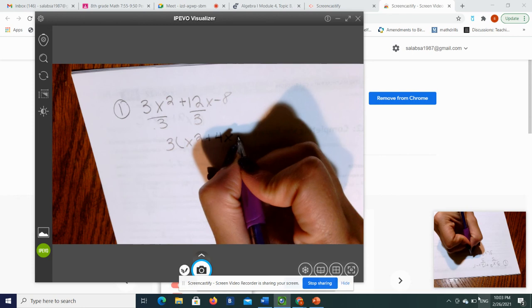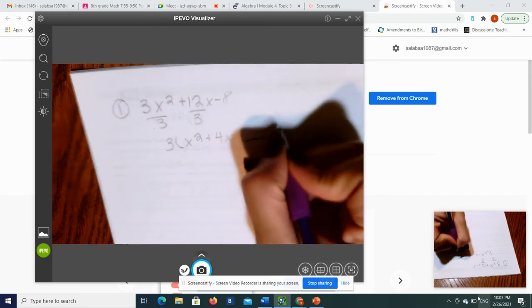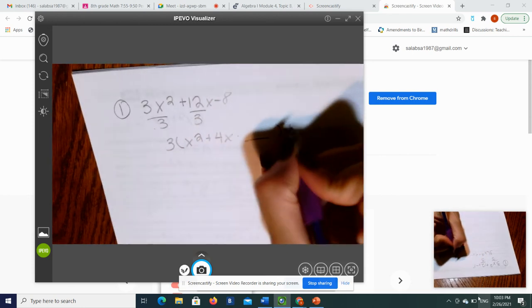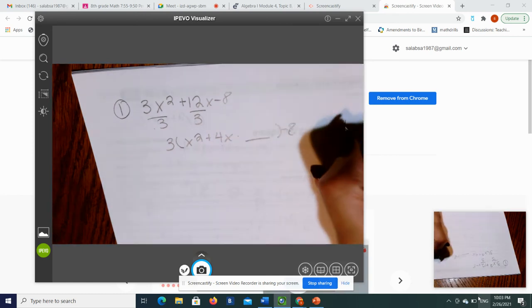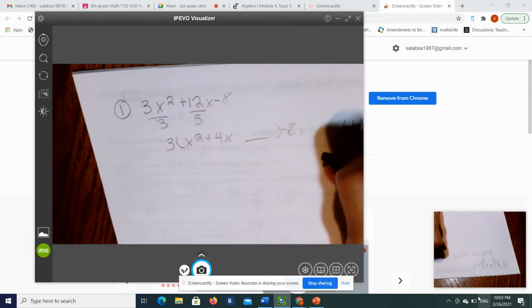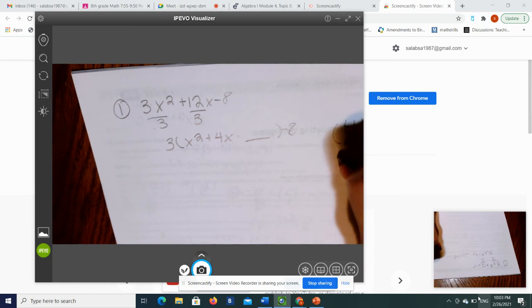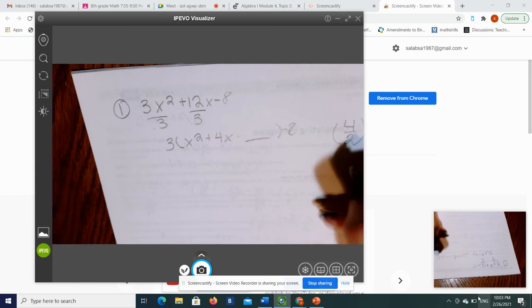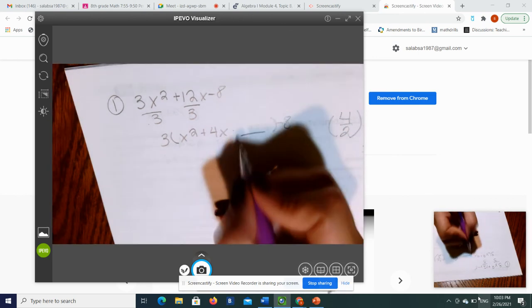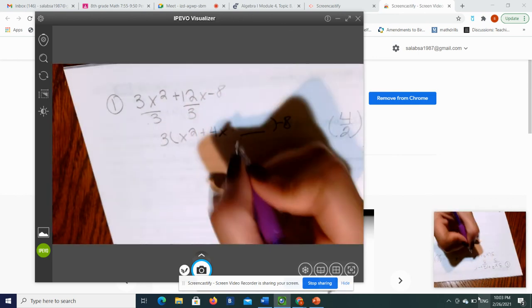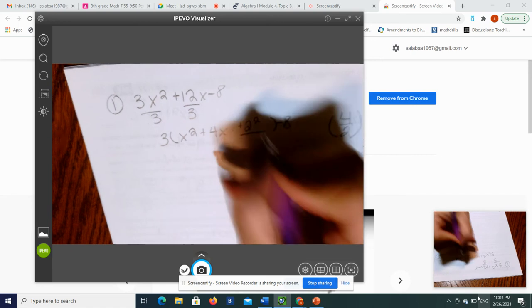You do not know what's going to go right here. You're going to leave it blank. Minus 8. Since we got 4 here, we're going to do 4 over 2 equals 2. 2 squared is 4. But we're not going to write the 4 here. We're going to write plus 2 squared.